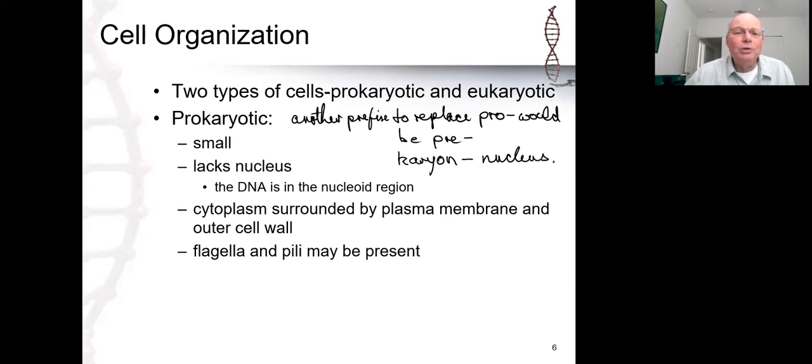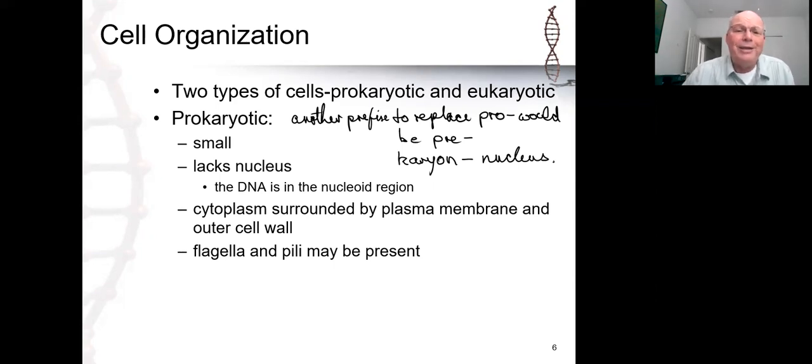Then if we look at the cell as a cell, we know that it's going to have a plasma membrane or a cell membrane. And then because of the environment that prokaryotic cells live in, environments that are largely water, as you'll learn when we do the next chapter, chapter 7, under those circumstances, water is bound to move into the cell.